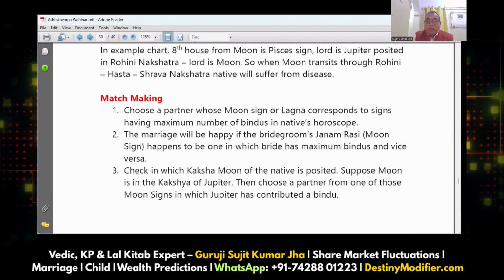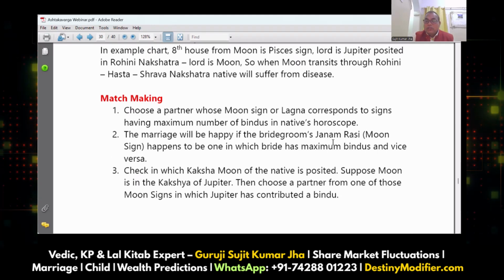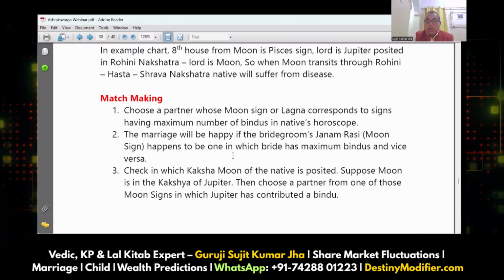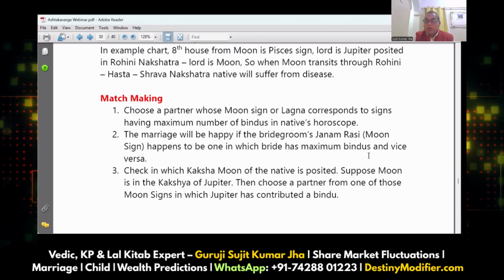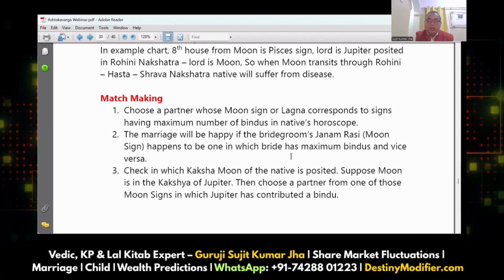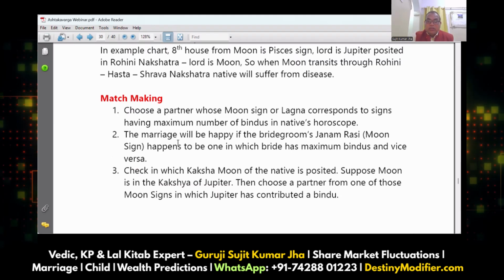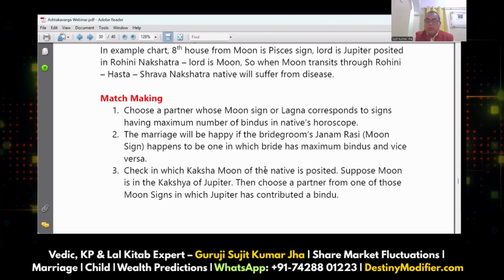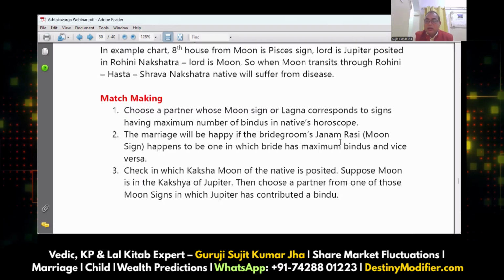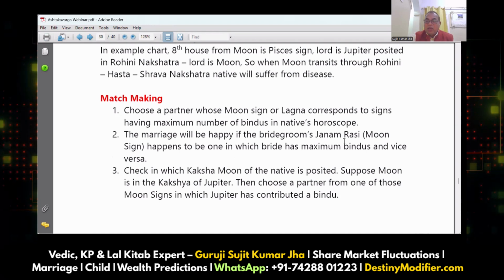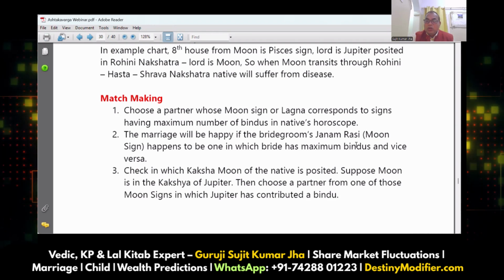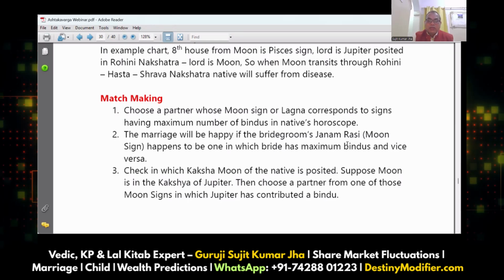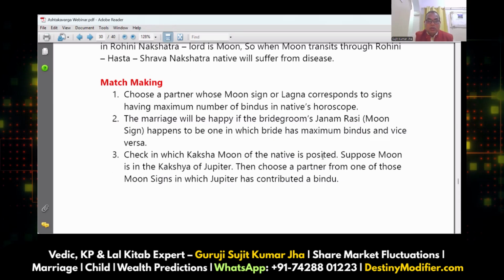The marriage will be happy if the bridegroom's Janam Rasi, meaning Moon sign, happens to be the one in which the bride has maximum bindu. So suppose in the boy's chart, what is the Moon sign? In the girl's chart, we keep that Moon sign and see how many bindu are given. If more bindu, it means we can proceed for marriage.